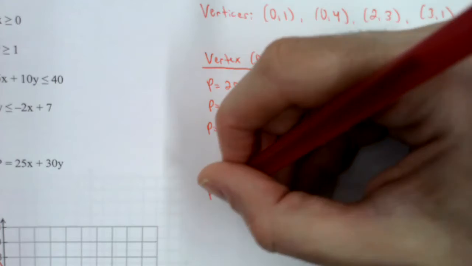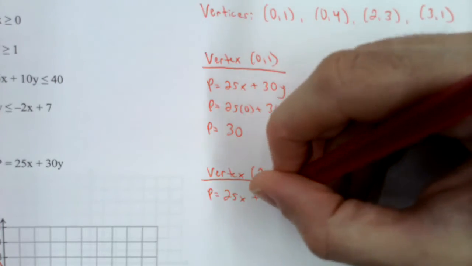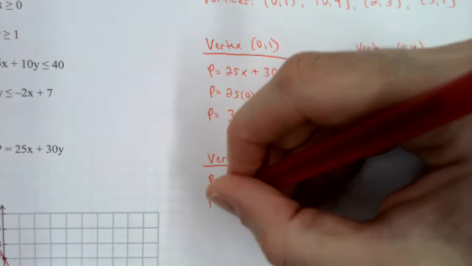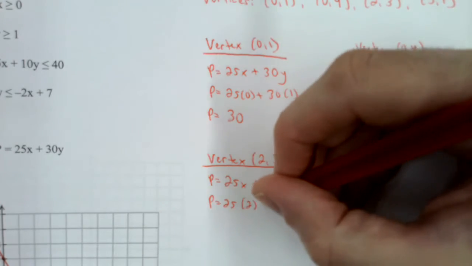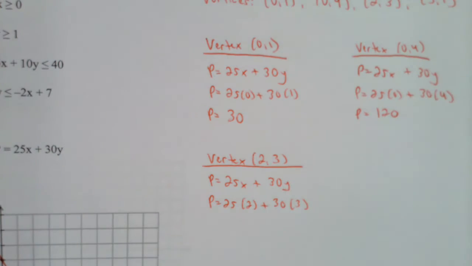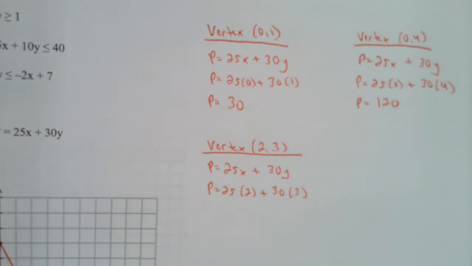P equals 25 times 2 plus 30 times 3. So 50 plus 90 equals 140.